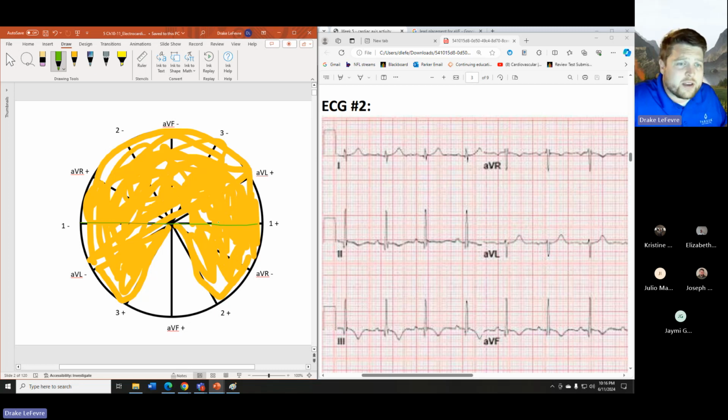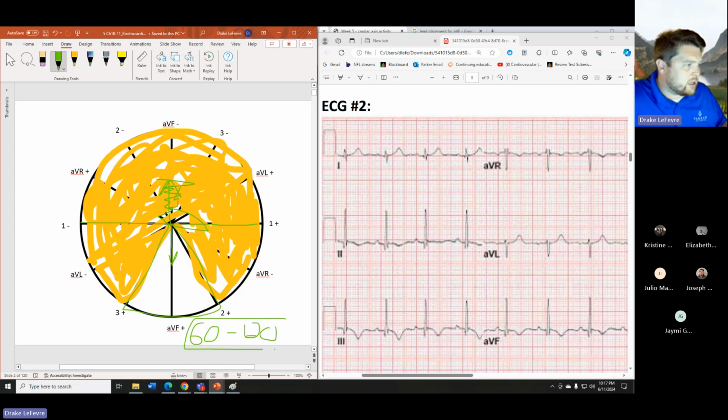If it's perfectly biphasic, that means our vectors are perpendicular to the lead. And it can't be this direction because that's all shaded out. So we know our answer is going to be somewhere in here, somewhere between 60, 90, and 120.